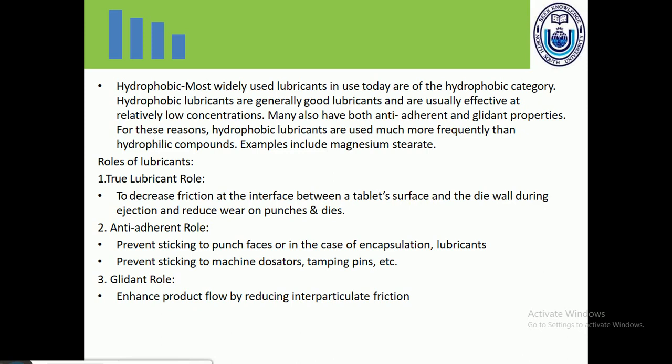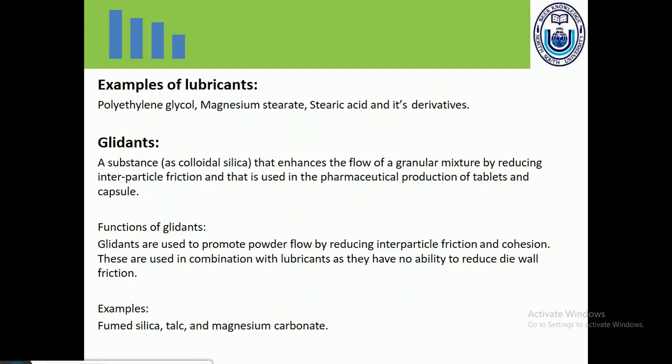The second one is anti-adherence: to prevent sticking to the punch faces, or in the case of encapsulation, to prevent sticking to the machine dosators, tamping pins, etc. The glidant role is to enhance the product flow by reducing the interparticulate friction. Good examples of lubricants are polyethylene glycol, magnesium stearate, and stearic acid and its derivatives.